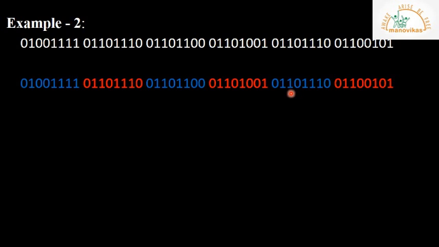Then convert each group to its respective decimal form, and using the ASCII table, write the respective character for each code you have obtained from converting.